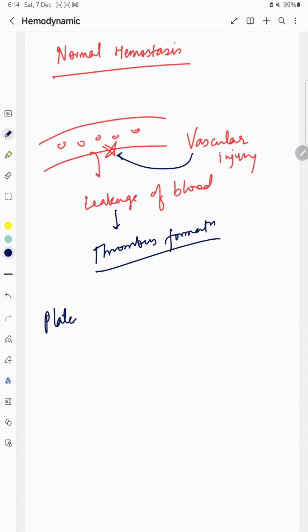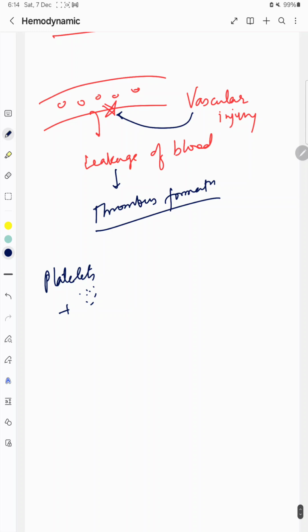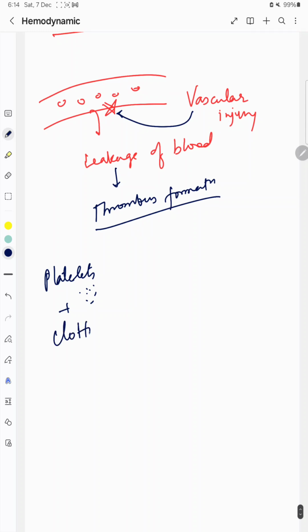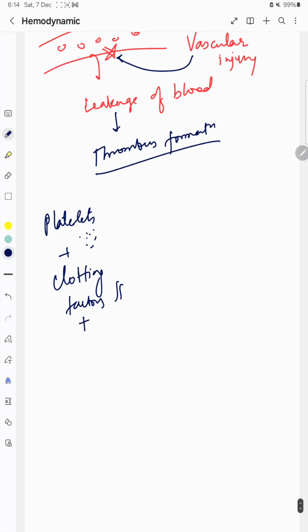Platelets, clotting factors, and endothelium play a central role in the formation of a blood clot at the site of the vascular injury.